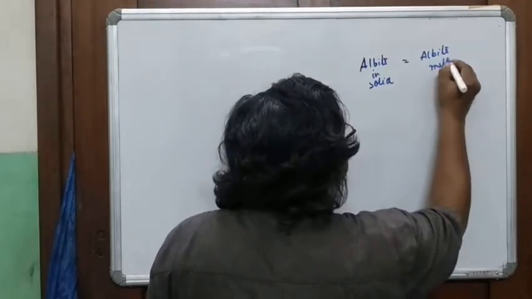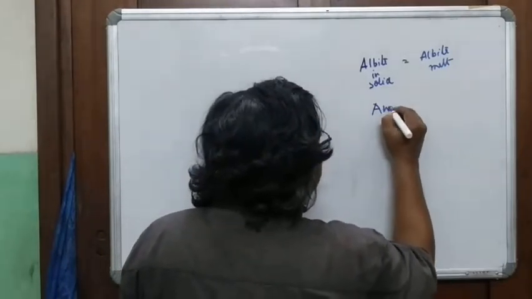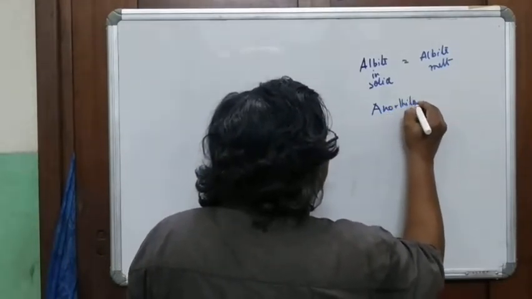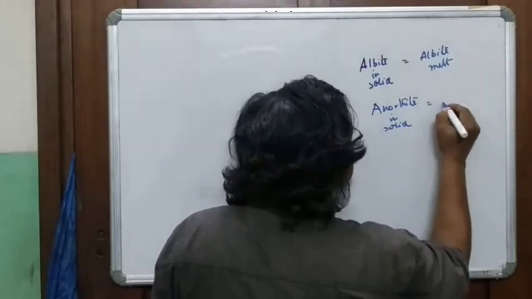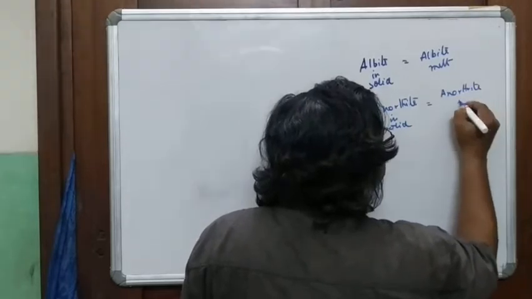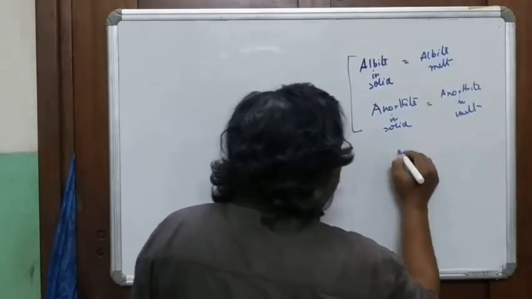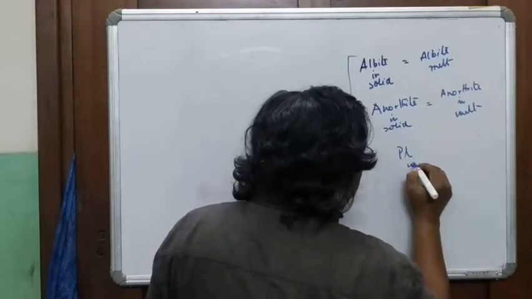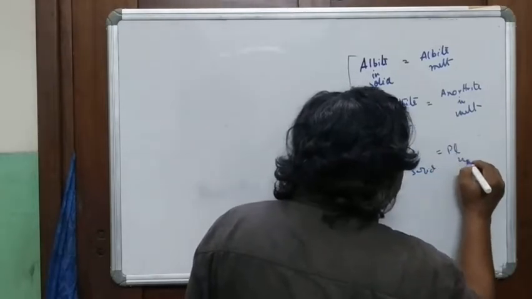That's the equilibrium. And anorthite in solid is equal to anorthite in melt. If you combine the two, you have plagioclase in solid equal to plagioclase in melt.